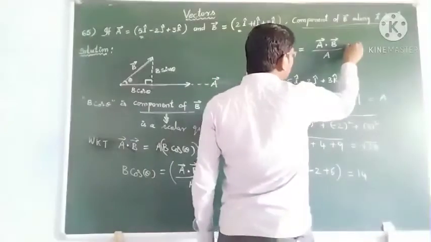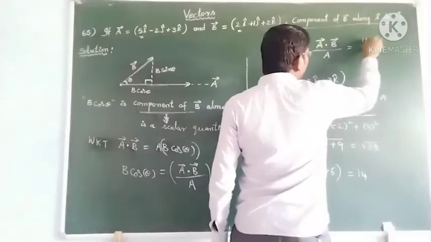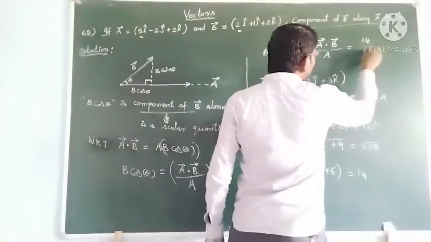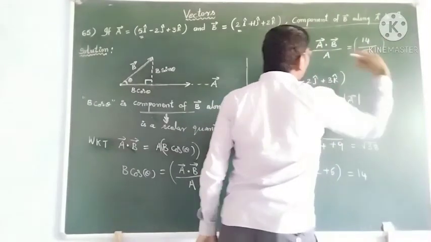Then substitute them here: A bar dot B bar is equal to 14 and magnitude of A is equal to root 38. So this is the answer.